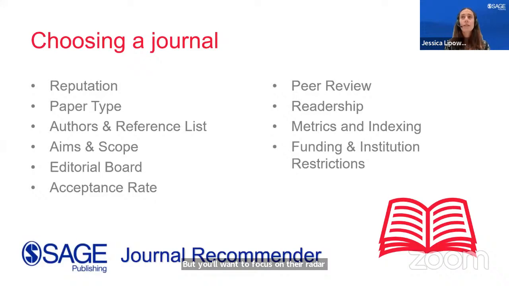If you're looking at a more niche topic for your research, think about who your end reader is, who is the end researcher that will ultimately be reading your paper, and focus on journals that match that criteria. Just because you publish in a high impact title that has a high impact factor does not necessarily mean that your paper will automatically receive a high number of citations. It's really dependent on your article, your research, and who is reading it.